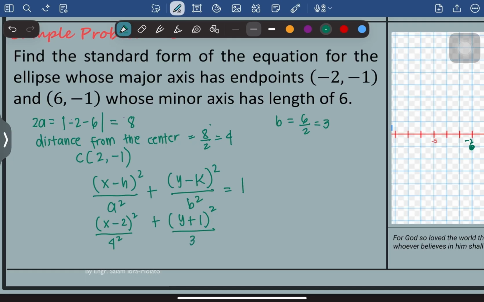So this becomes 3 squared equals 1. To simplify, it becomes (x minus 2) squared over 16 plus (y plus 1) squared over 9 equals 1. So this is the answer.